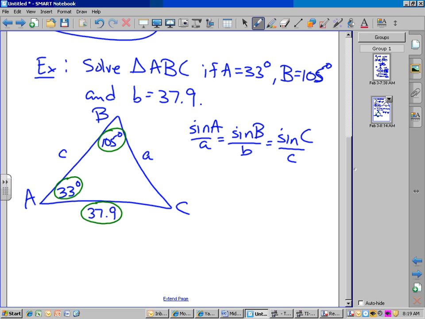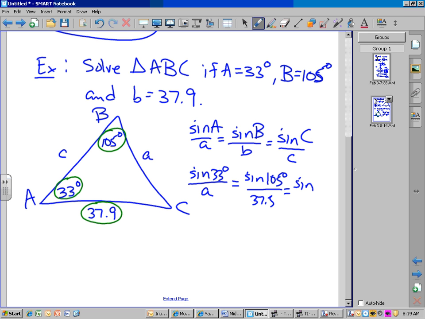Plug in everything that you know. Now, can I plug in what C is? In other words, can we find C?